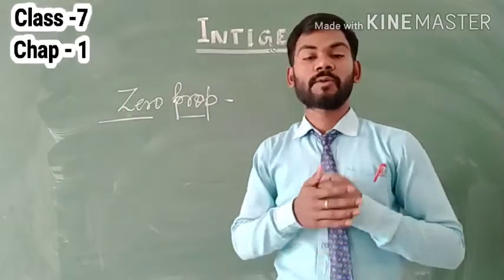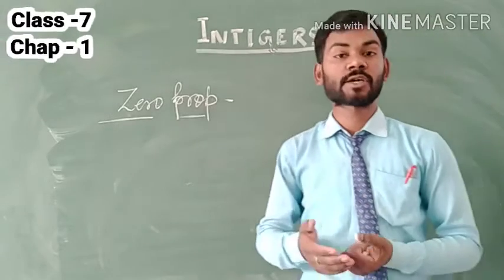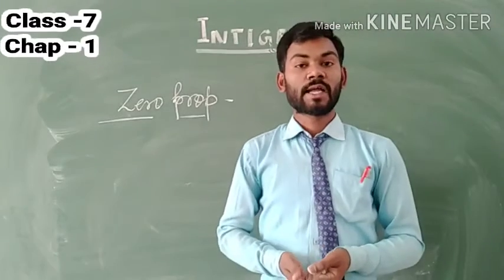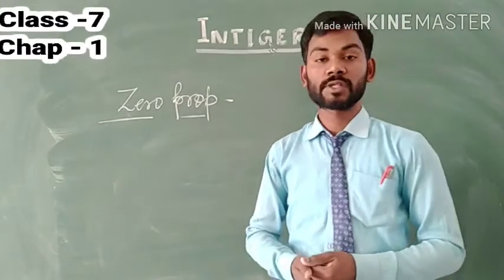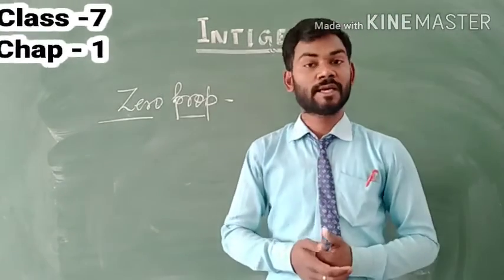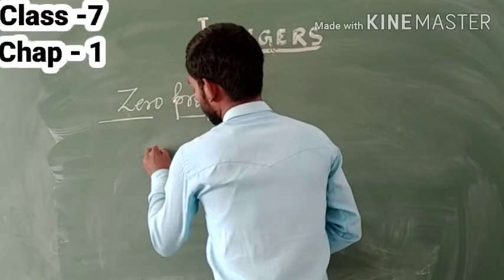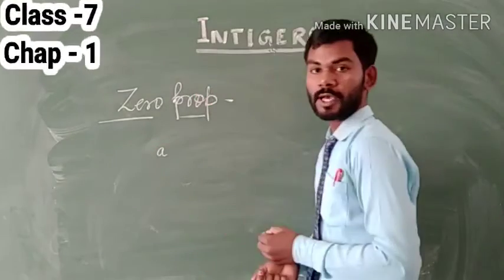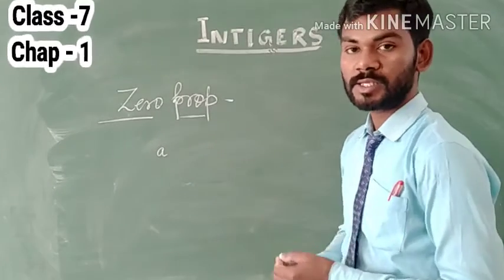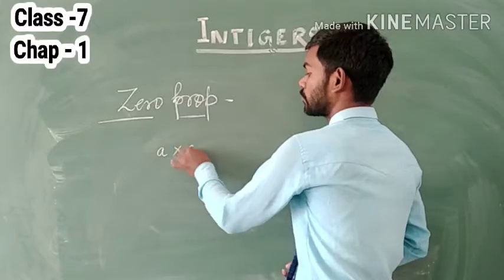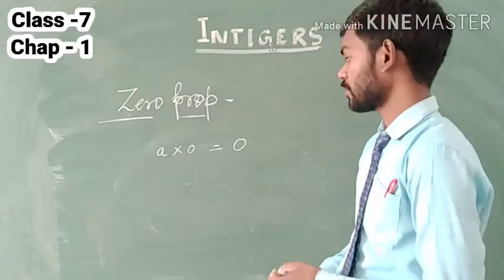In the first video on integers, as I told you, 0 is neither a positive integer nor a negative integer. And you also know that whenever we multiply any non-zero number with 0, we always get the result 0. Therefore, if a is any integer, and a is multiplied by 0, we always get the result 0.